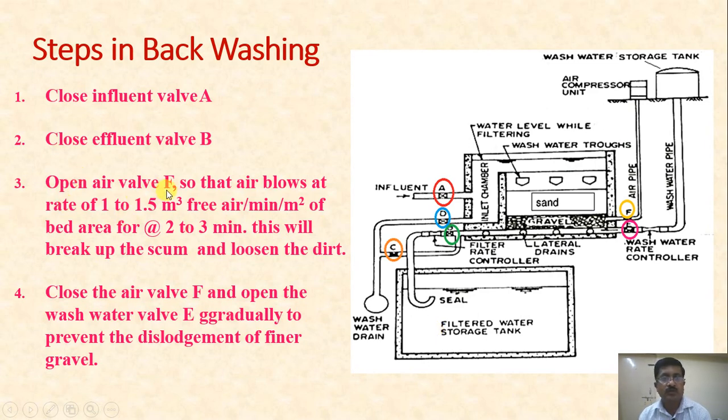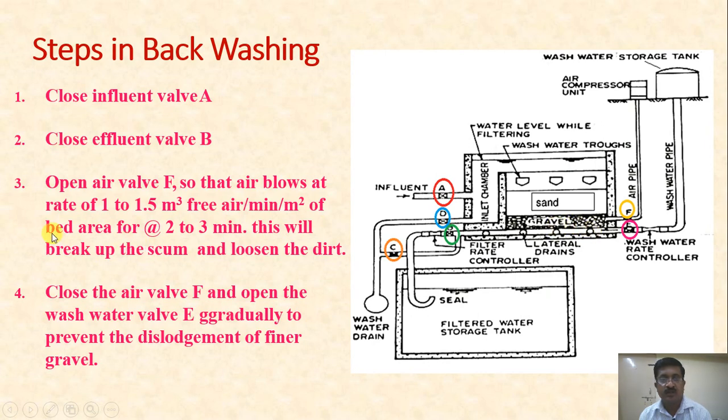Open air valve F, so that air blows at the rate of 1 to 1.5 cubic meter of free air per minute per square meter of bed area for about 2 to 3 minutes. This will break up the scum and loosen the dirt. Because valve F is opened, with the free flow of air, this scum layer will break and loosen the dirt.